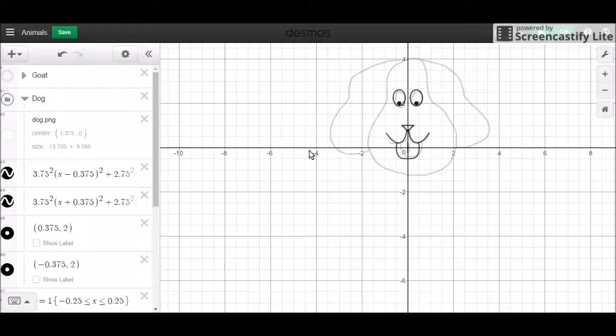So previously in our dog graphing tutorial, we finished pretty much all of the essential facial features. We just need to finish off the outline of, well, his face.